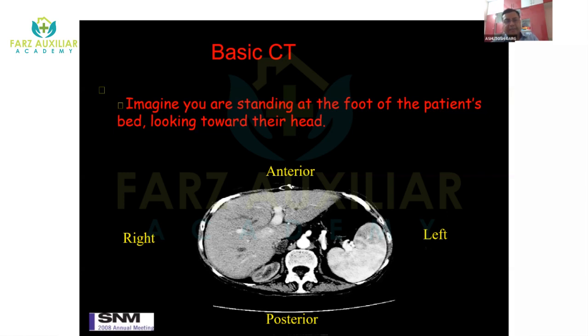CT abdomen images are usually axial images. In this, we have anterior, posterior, right and left. On the right side there is the liver, on the left side there is the spleen or kidney, and posteriorly there is the vertebral spine.